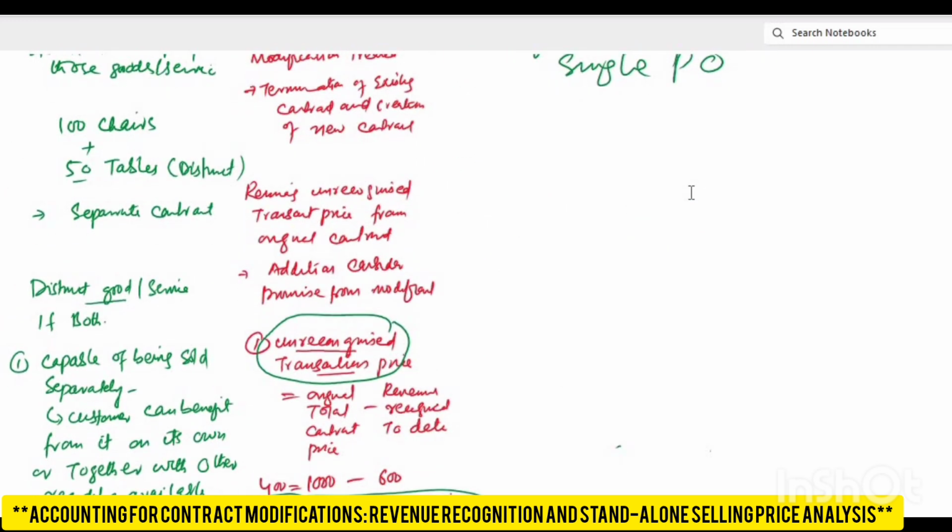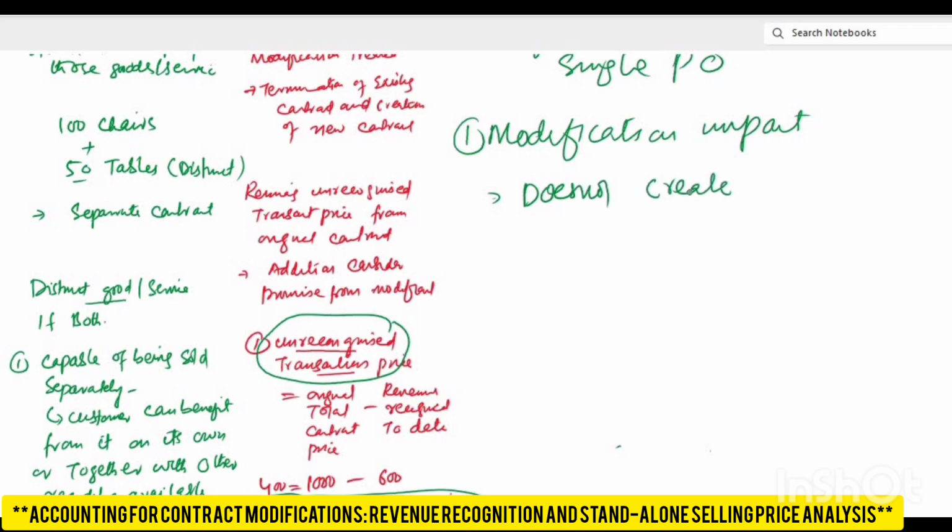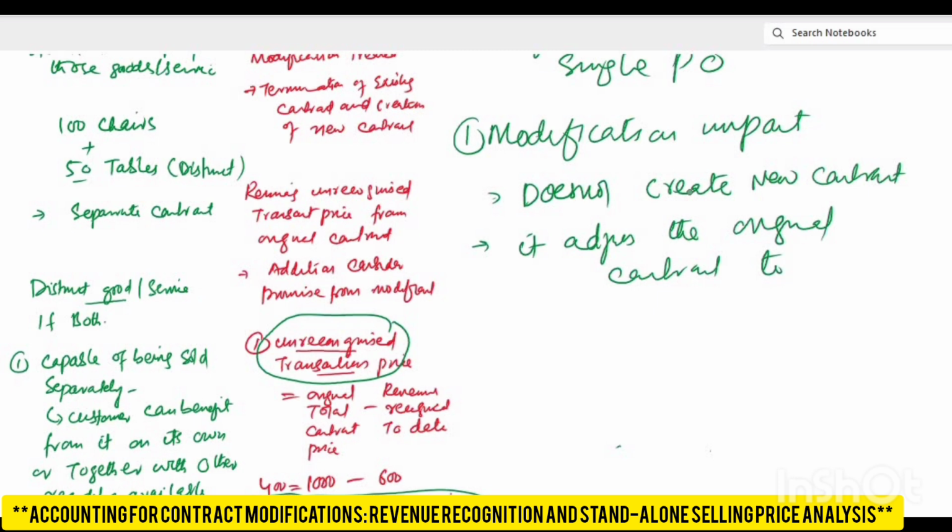So the modification impact: it doesn't create a new contract, the first one, and it adjusts the original contract to include the revised scope and price.